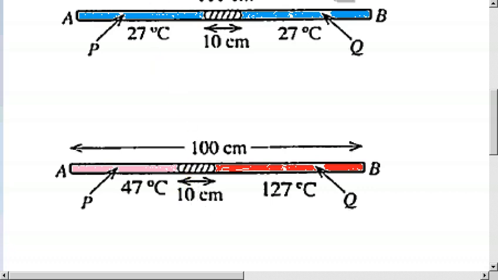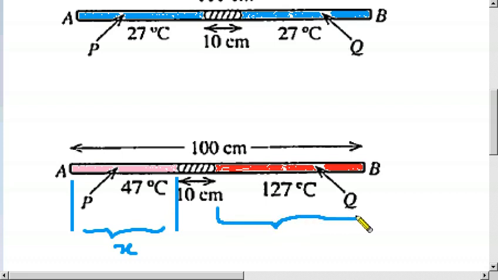So now at equilibrium state, suppose the length of the air column of this side is x, then the length of the air column at the right side must be 90 minus x, because altogether the tube is 100 centimeter, so we have to subtract this 10 centimeter, then 90 centimeter altogether is the lengths of both air columns.